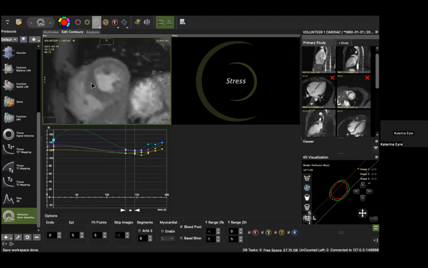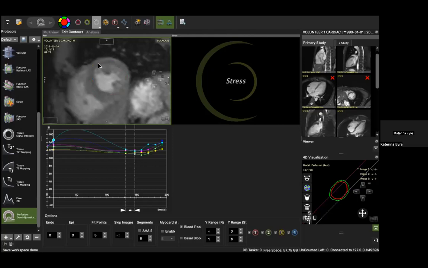We're drawing the endocardial border, which is the boundary between the myocardium and the blood pool, the epicardial contour, which is the boundary between the myocardium and outside of the left ventricle. So the right ventricle here, and then the lungs and the extracardiac structures.